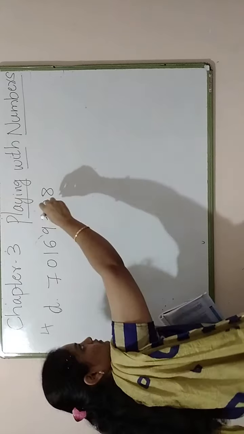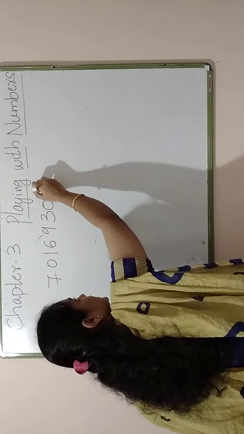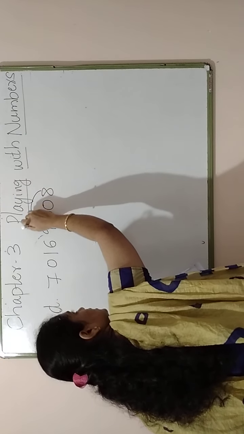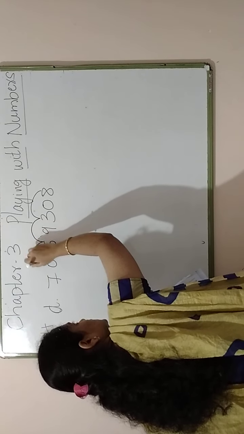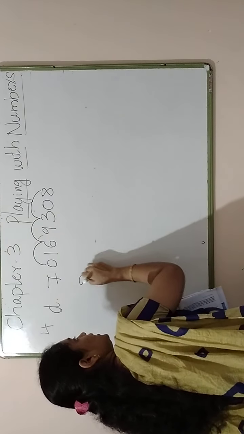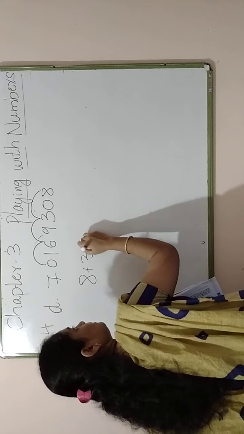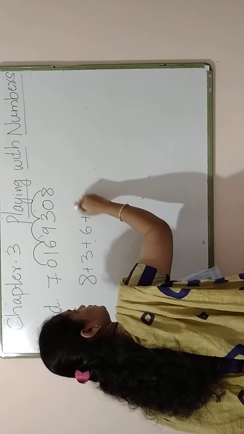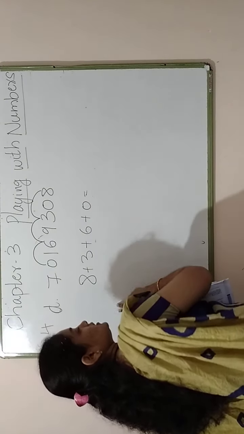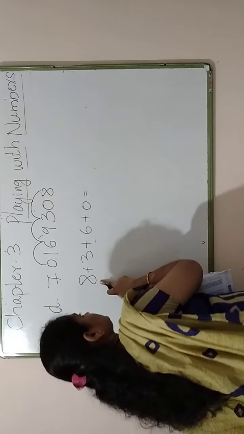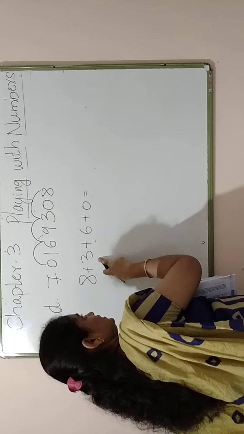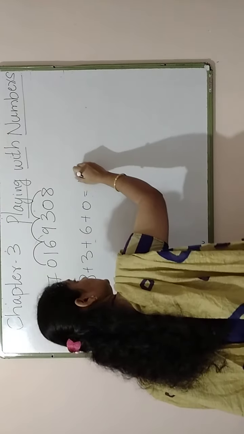Okay, so the sum of the numbers at the odd places, that is 8 plus 3 plus 6 plus 0. Now this sum is 8 plus 3 is 11, 11 plus 6 is 17.